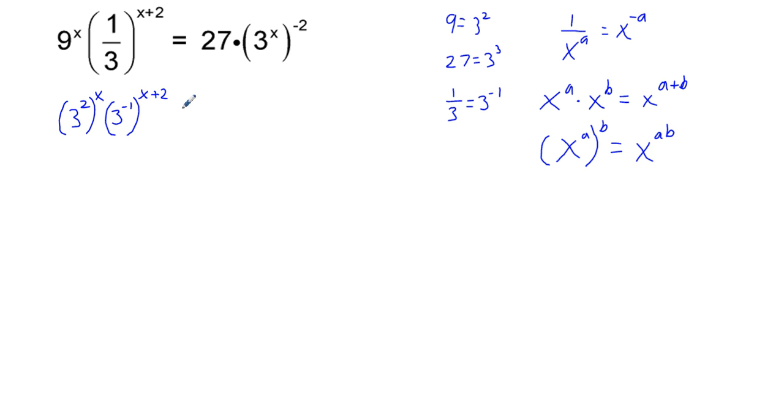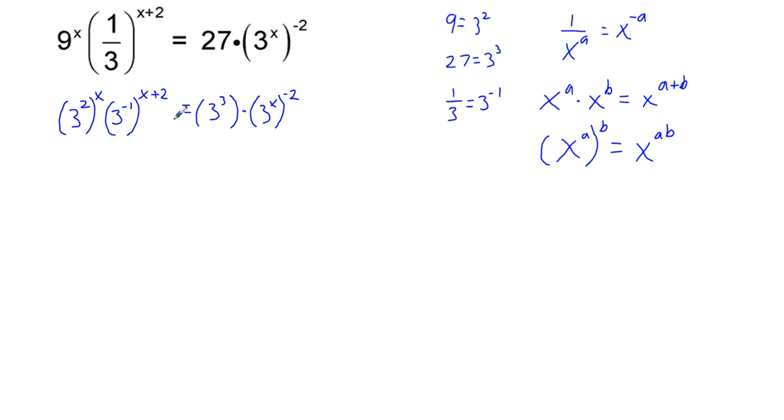And now on the right side of the equation, we're going to rewrite this 27 as 3 to the third power, or 3 cubed, times, I'm just going to replicate here 3 to the x, and then raised to the negative 2 power.